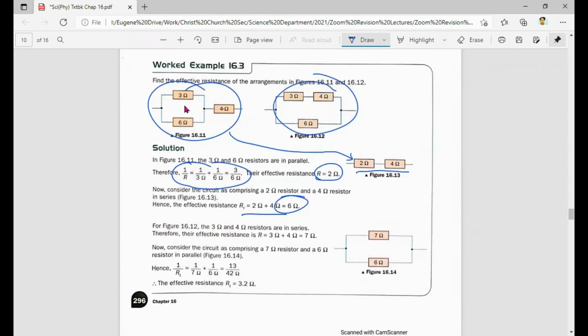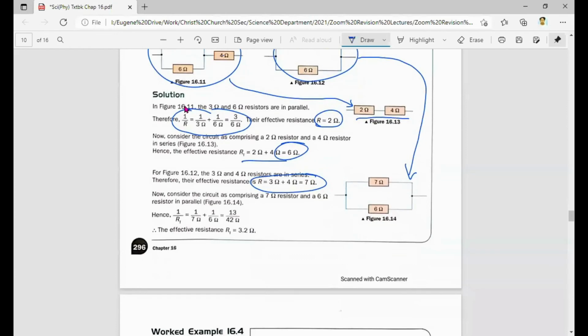Now figure 16.2. Instead of parallel to a series, this is like a series within a parallel circuit. Since these two are connected in series, why not just add them up first? I take 3 plus 4 and get 7. Hence this diagram can be simplified into something like this. Now I have two resistors connected in parallel. Easy. 1 over the total resistance equals 1 over 7 plus 1 over 6.